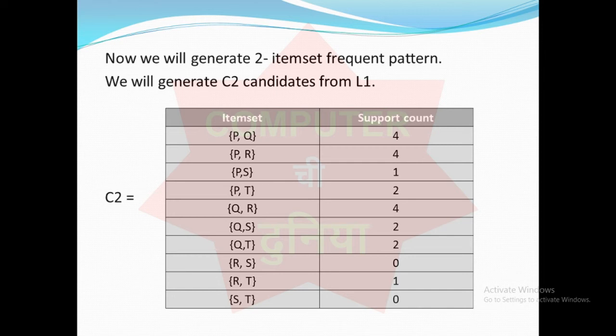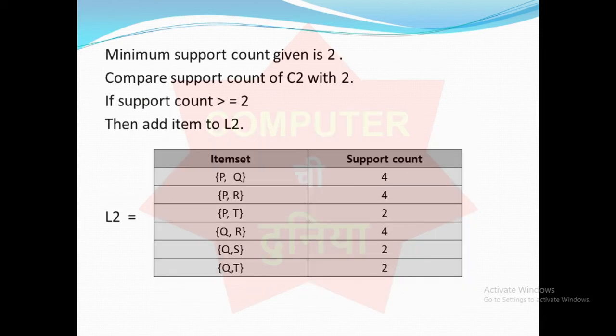Hence, these item sets are rejected and are not included in list L2. L2 will contain only the elements PQ, PR, PT, QR, QS and QT, because the support count of these item sets is greater than or equal to 2.